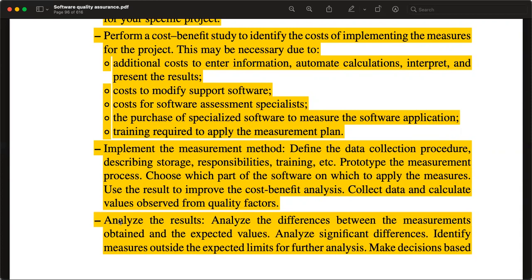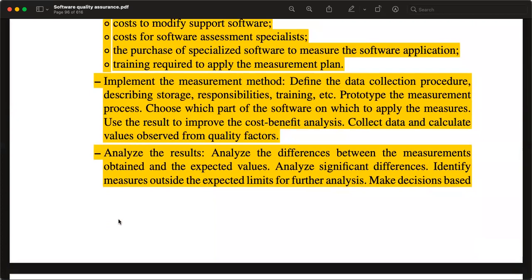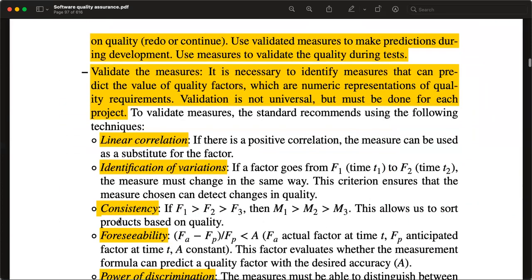Then you can analyze the results: analyze the differences between the measurements obtained and expected values, analyze significant differences, identify measures outside the expected limits for further analysis, make decisions based on quality, use validation measures to make predictions during development, and use measures to validate the quality during tests.